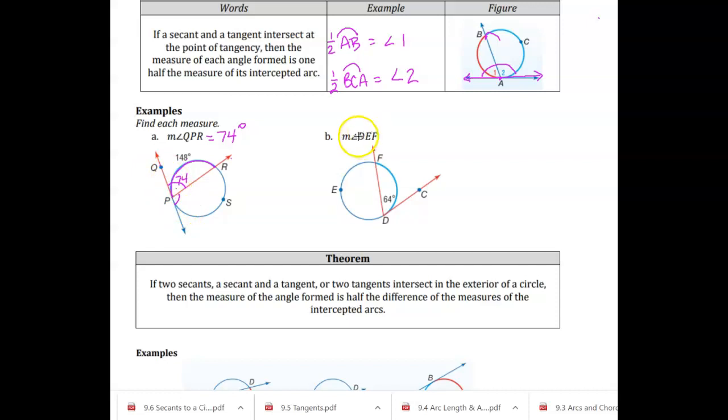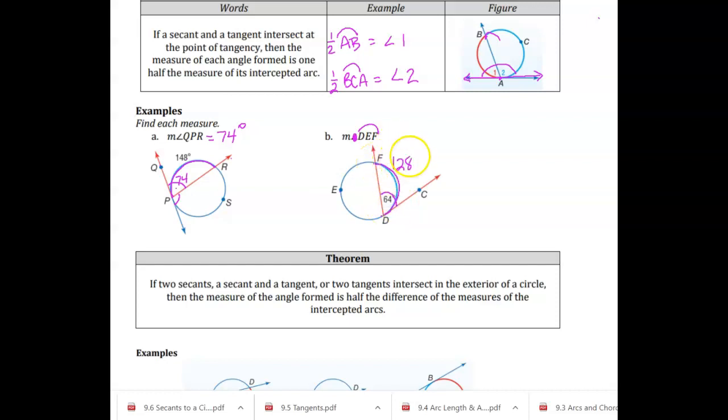All right. Example B, find the measure of angle DEF. So here's DEF. And I think they might mean to say arc. That's what we're going to change it to. Well, we have two choices. If I know that this angle is 64 degrees, that means the arc is going to be double that.